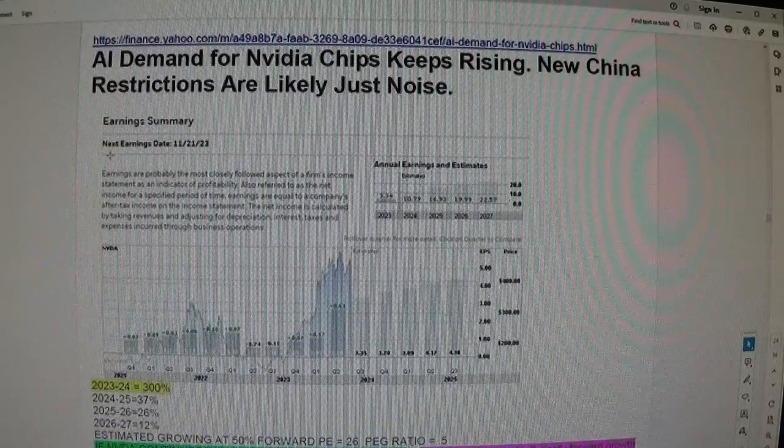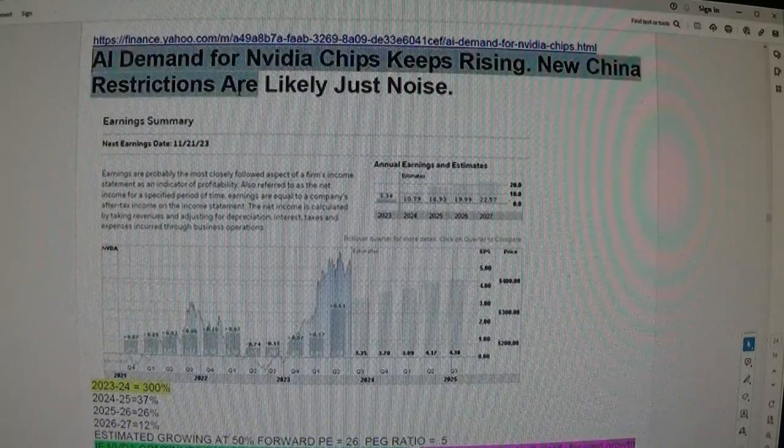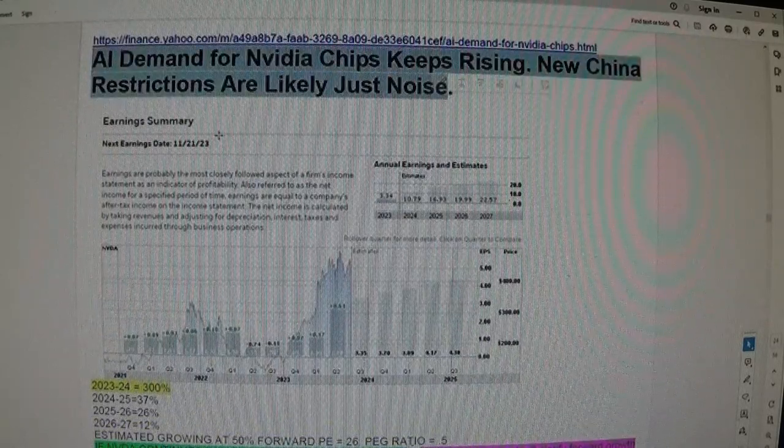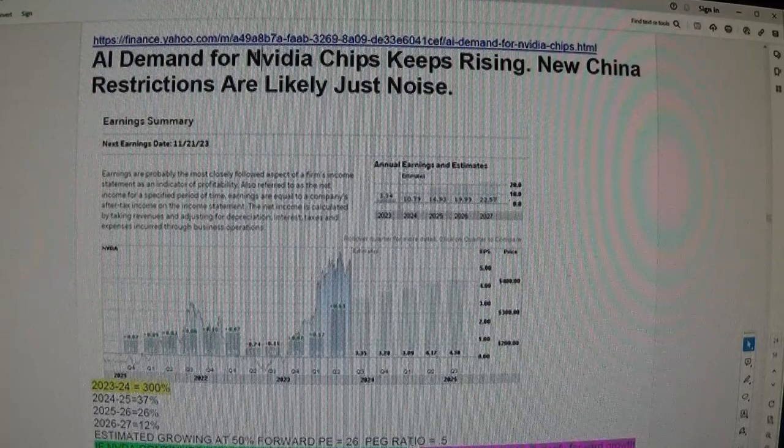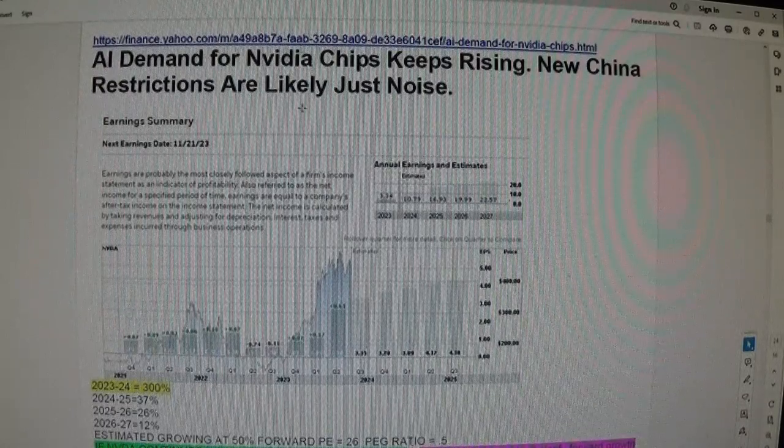Let's look at this article on NVIDIA. This is very convenient because you just asked about NVIDIA. There was an article that came out that NVIDIA can't sell certain chips to China because of export restrictions. And so the stock went down because of that.